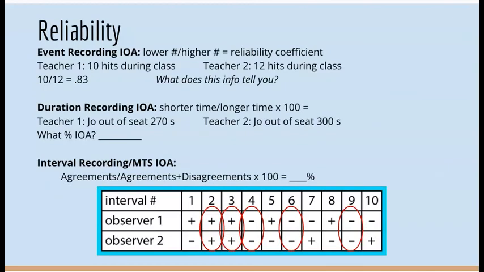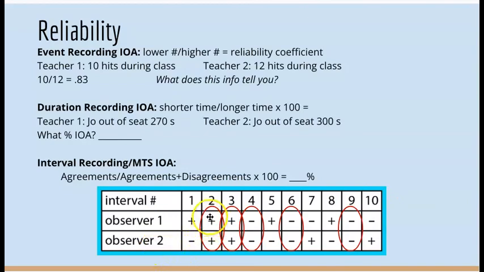Here's another example that I'm just going to briefly go over before we end our lesson today, and we'll discuss this more in class. But here's an example of interval recordings. So the 1st through the 10th recordings, looking at what observer 1 and observer 2 scored.